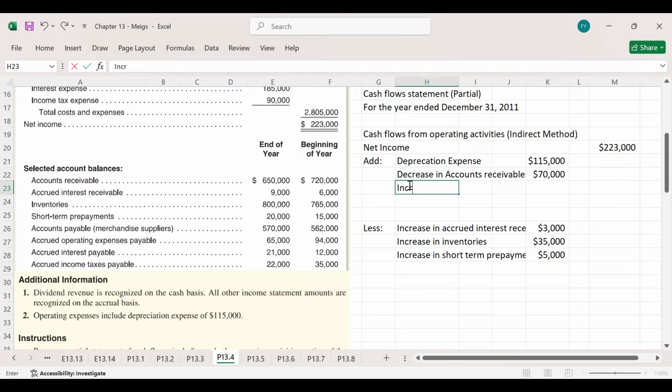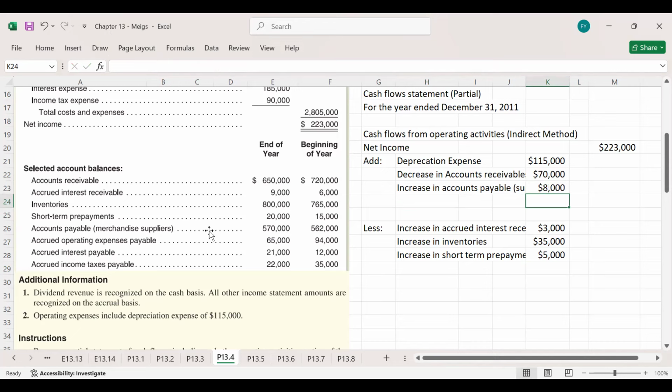So increase in accounts payable for suppliers. How much increase? From 562 to 570, means 8,000 increase.